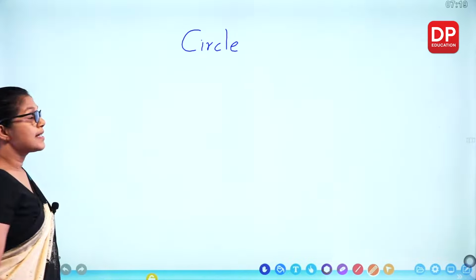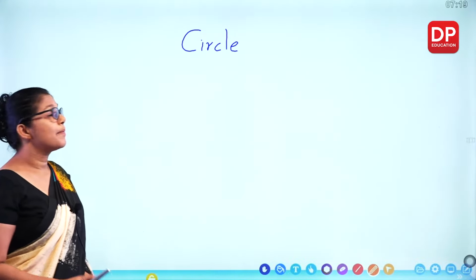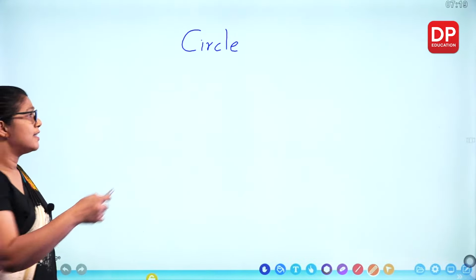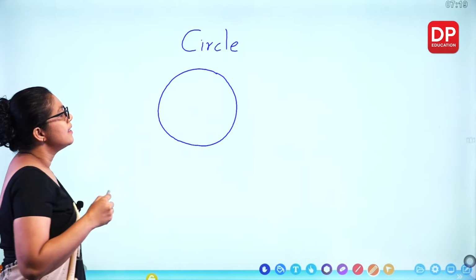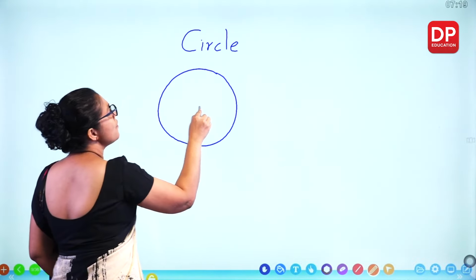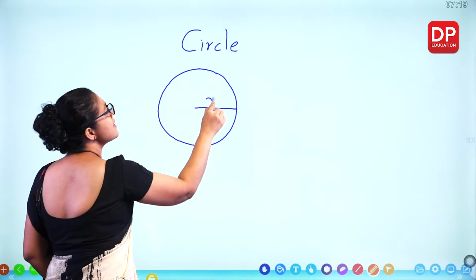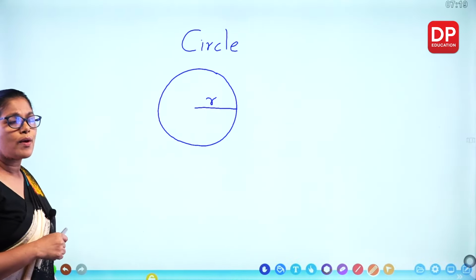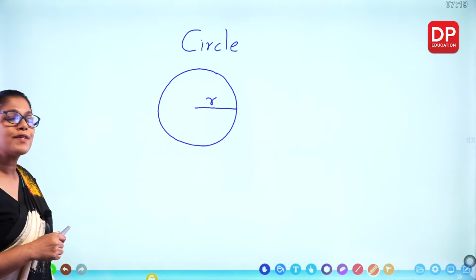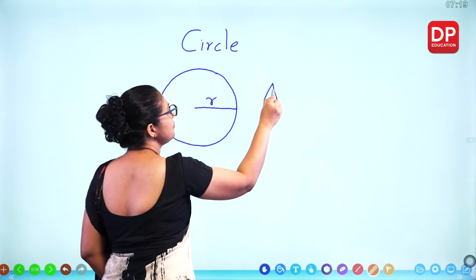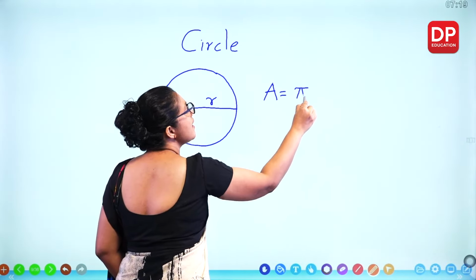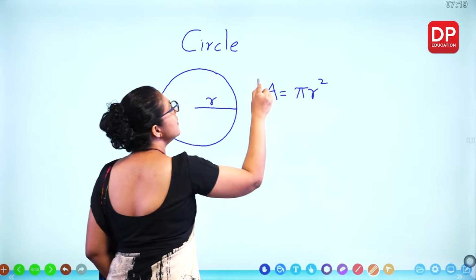Now we'll look at the last shape. That's a circle. You have done this before in grade 9. If you know the radius r, how can we find the area of a circle? So area is equal to pi r squared.